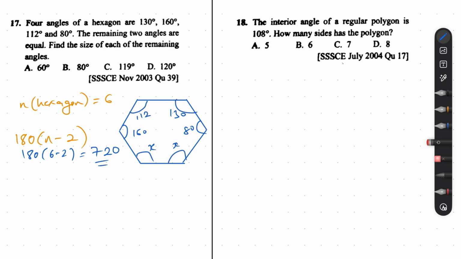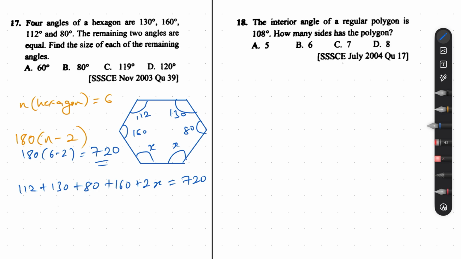So let's do that. We have 112 plus 130 plus 80 plus 160 plus X plus X, so 2X, should give us 720.